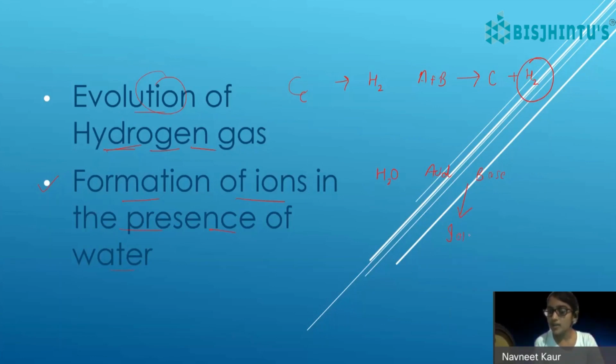Not the same ion is released by both, but both release ions. Acid releases H positive ion and base releases OH negative ion. This release of H positive and OH negative ions depends on some conditions and factors, which we'll discuss in our lecture.